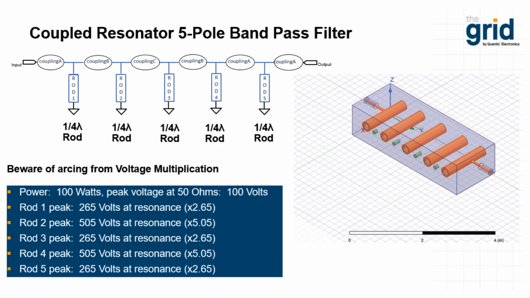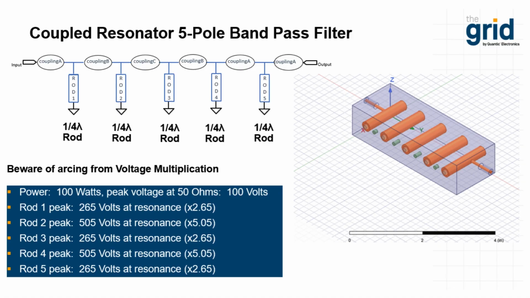In this example, and it varies depending on the type of filter you have, whether it be Chebyshev or Gaussian or whatever you're using, and the exact length of the rods and the exact quality factor of the rods, this can vary quite a bit.